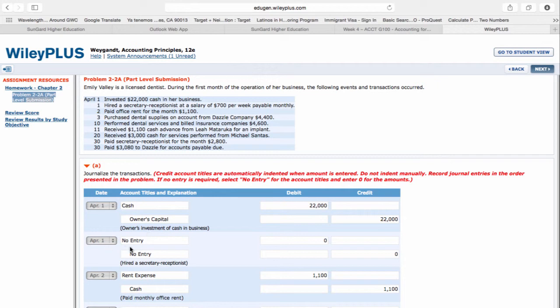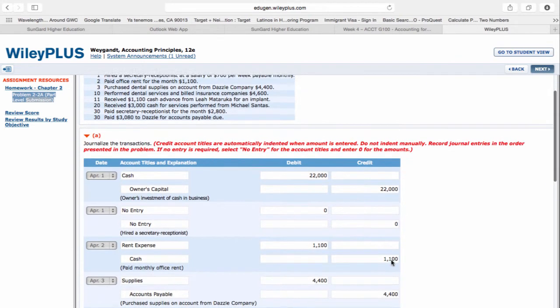That's the reason when you run across transactions like that and you know that they have no monetary value, you know that they're not supposed to be recorded, you're going to be recording that as a no entry. A no entry for the debit, a no entry for the credit, and you put 00.